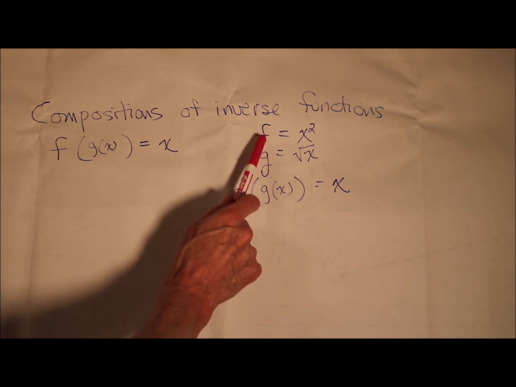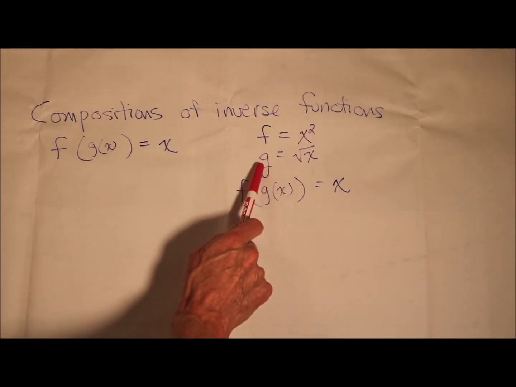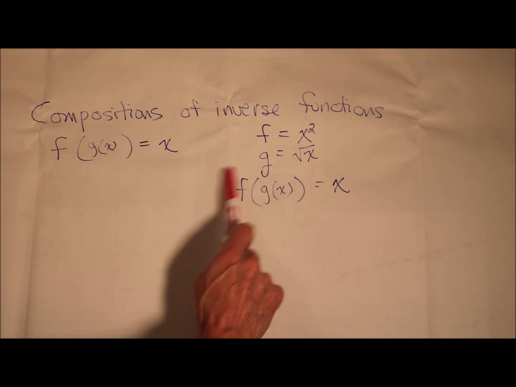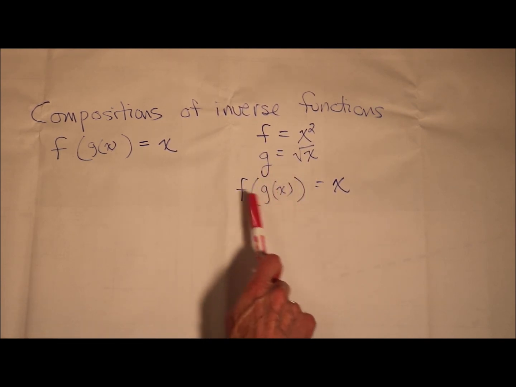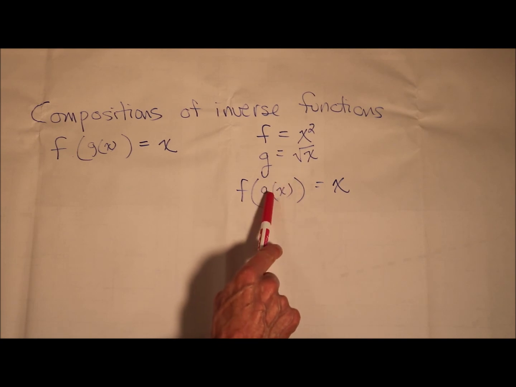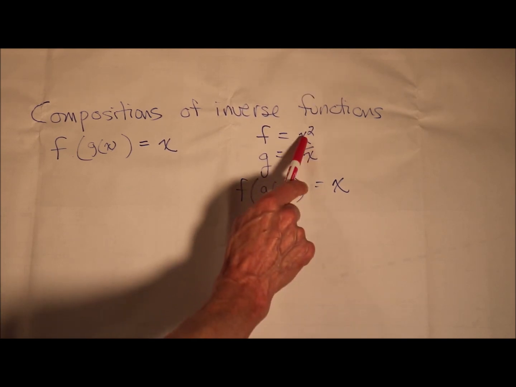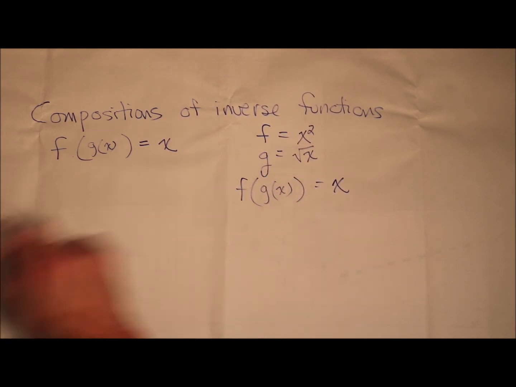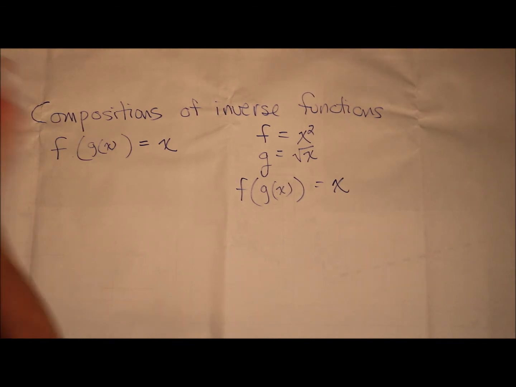A nice example: if your function is x squared and its inverse is the square root of x, and you take the composition f of g of x, where g is the square root of x, f tells you to square the square root of x, and you end up with x.